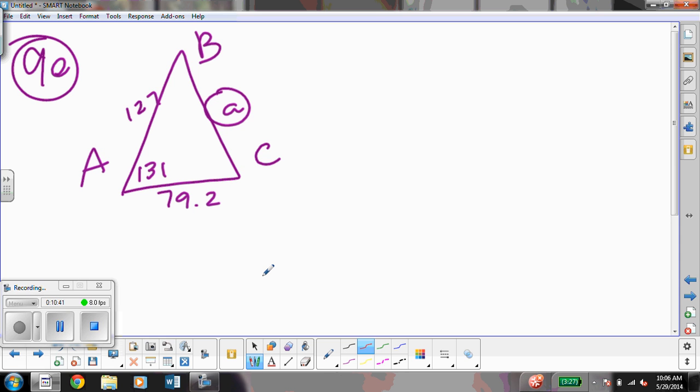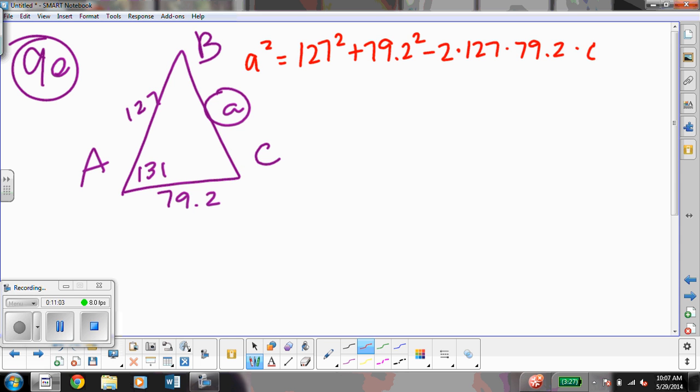This is, again, a direct application of the law of cosines. So a squared is going to equal 127 squared plus 79.2 squared minus 2 times 127 times 79.2 times the cosine of 131.